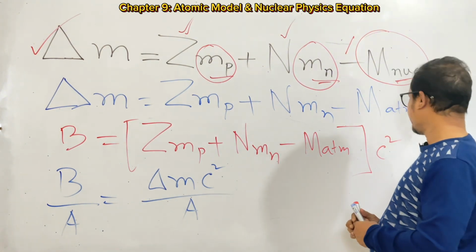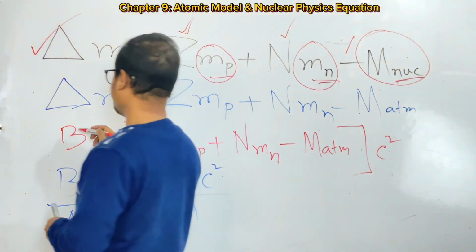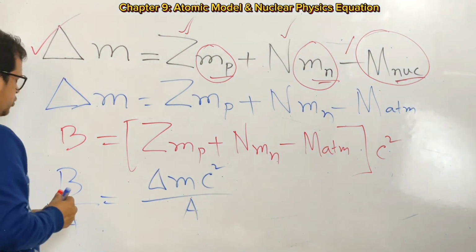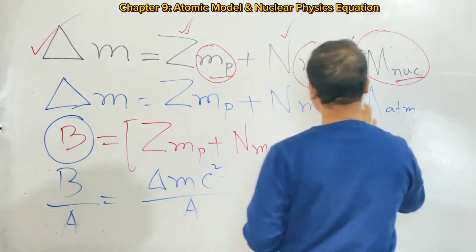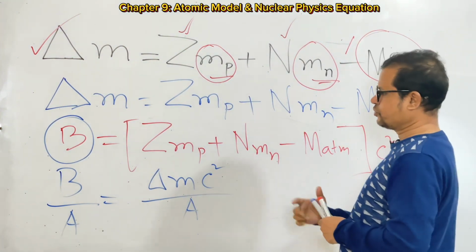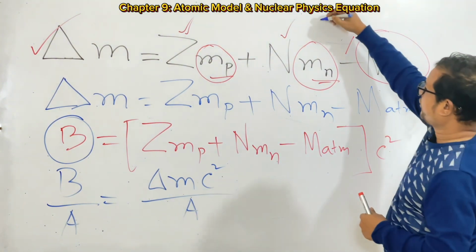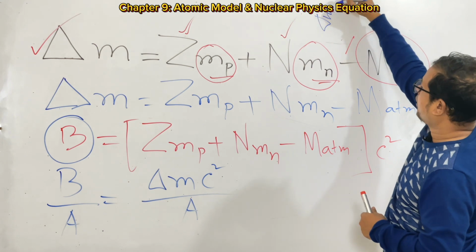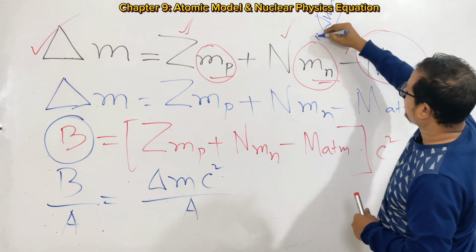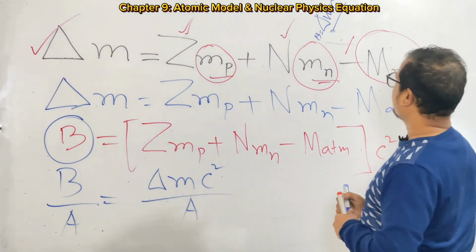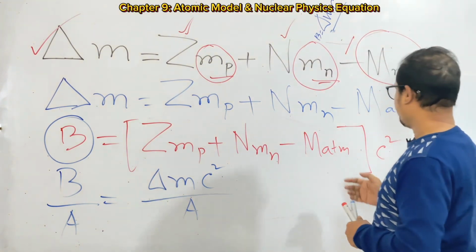Okay, there guys, and here B means binding energy. This is binding energy, which equals the mass defect multiplied by c squared. Binding energy equals mass defect times c squared, where c is the velocity of light.